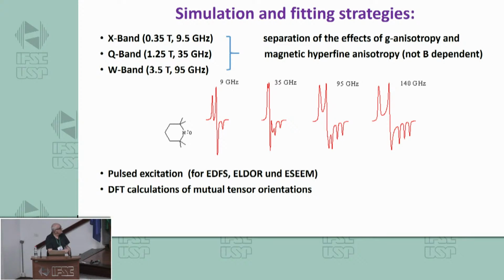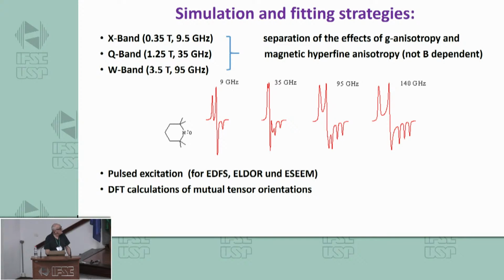But you see at 35 gigahertz you have a lot more features that you can fit, and at 95 gigahertz you have a pretty good resolution. So if you record at these 3 different fields, then it's possible to find one set of parameters that fits all 3 spectra. It has to fit all 3 spectra. Then you may have enough constraints to get reliable values of your fitting parameters.